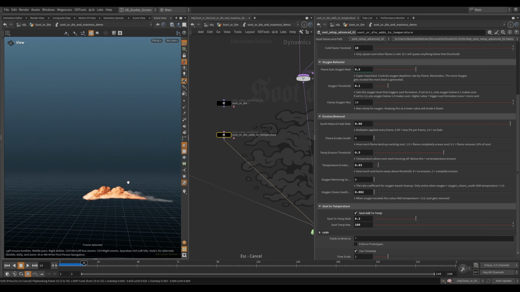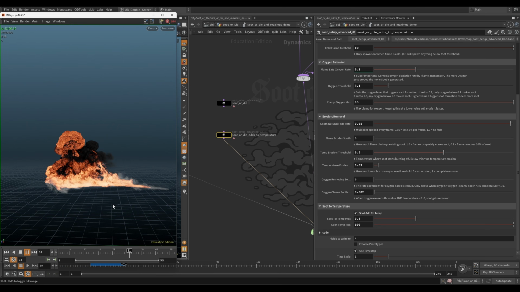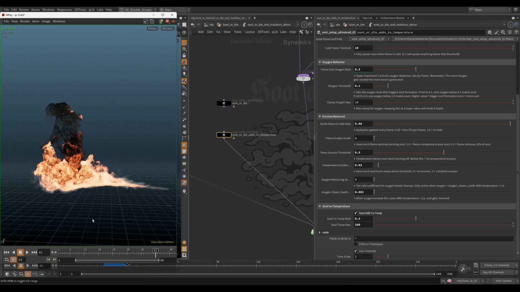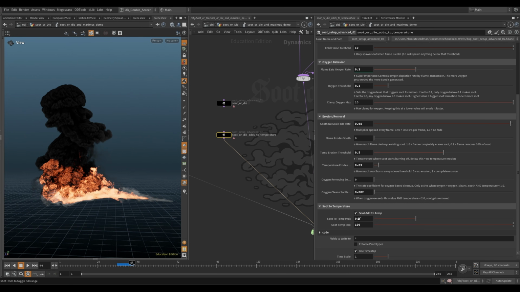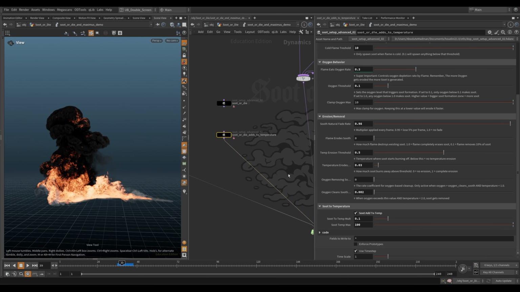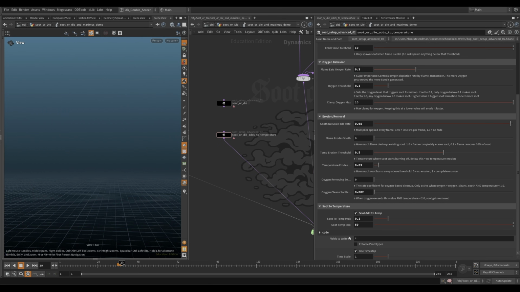Now we're going to be adding soot back to temperature, which means that the buoyancy is going to be working again. So it is working now, but I think because of the amount of soot we are emitting, it's actually moving up too much. And that's why I added the soot temp max, but also let's just add less and maybe clamp it at 50.